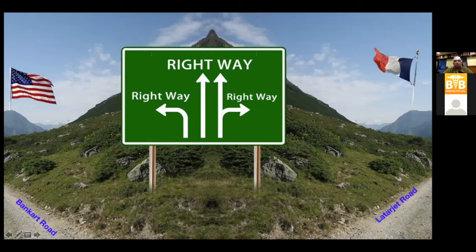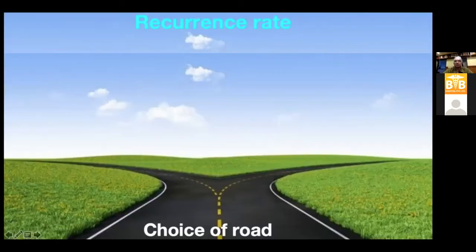But the most important thing to decide whether to do a Latarjet procedure or a Bankart procedure is to look at the recurrence rate. So the choice of treatment depends upon the estimation of the recurrence rate. If you presume that the recurrence rate is going to be very, very high, probably you have to change the method of fixation. So how do we decide which patient will have a higher recurrence rate?